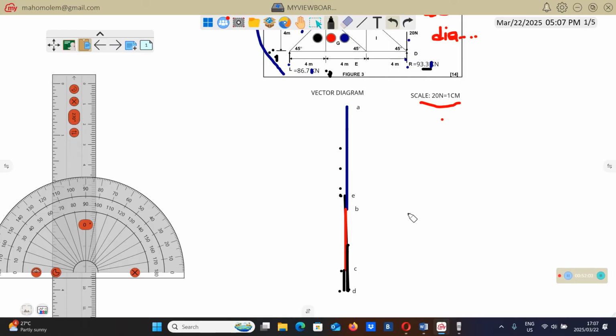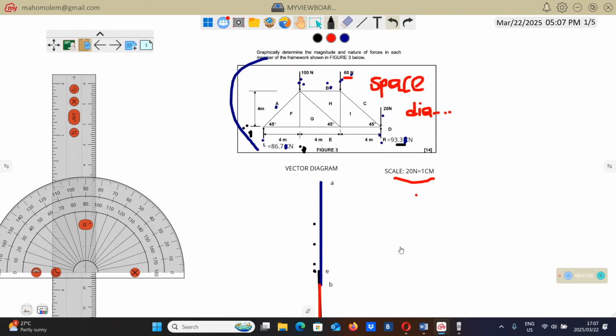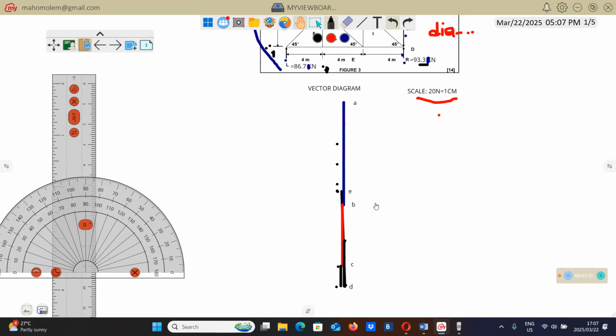Now, as you can see from this diagram, on this vector diagram we have A, B is here, C is there, and E is also here.